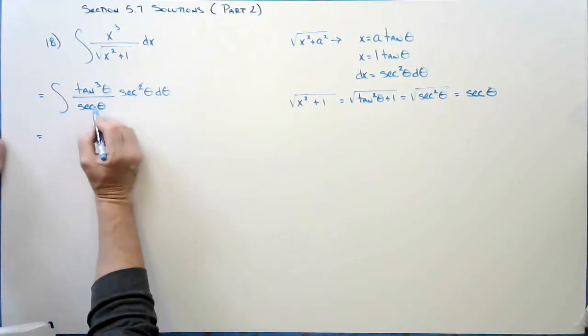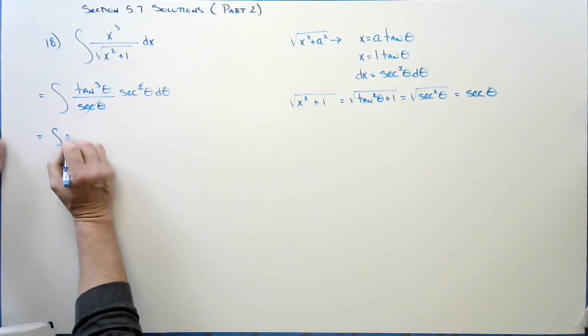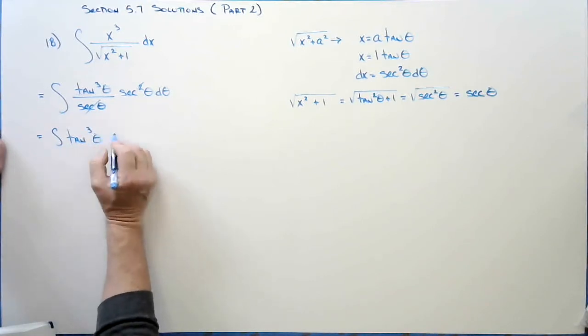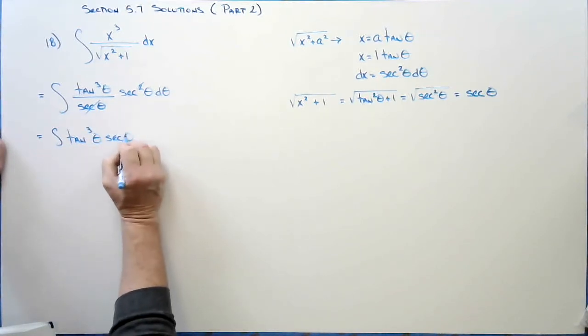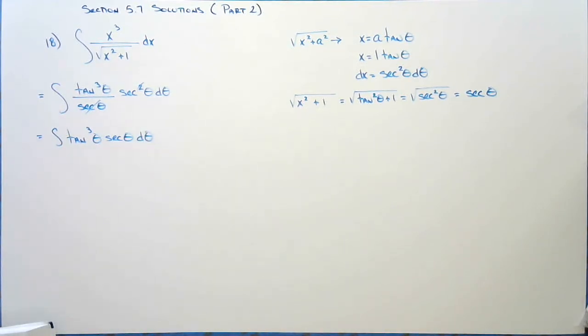Now, if we clean this up, this cancels this, and we're left with the integral of tangent cubed theta secant theta d theta. X was tangent, so we cubed that.